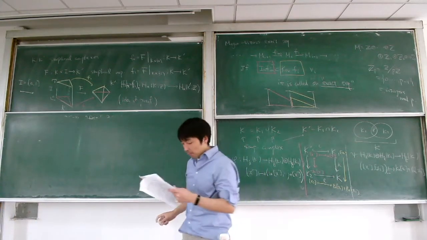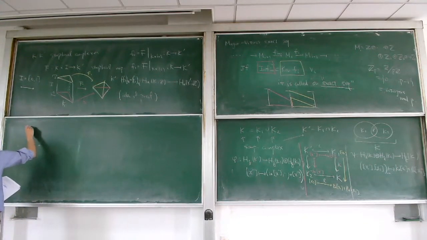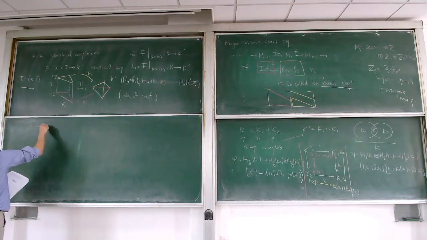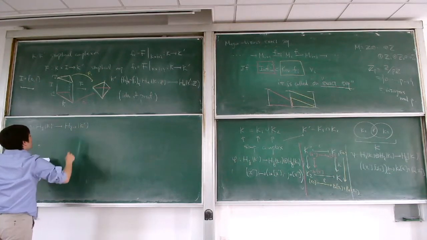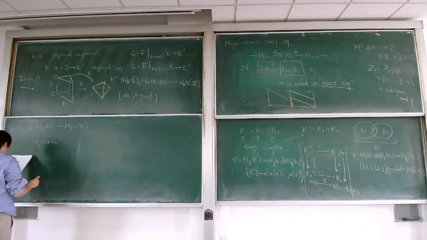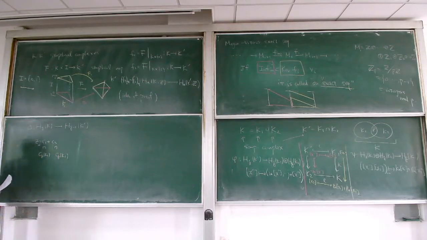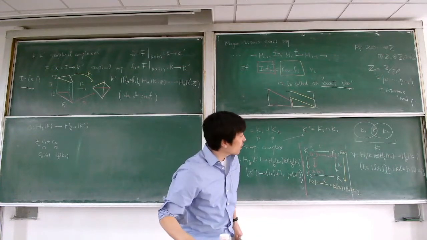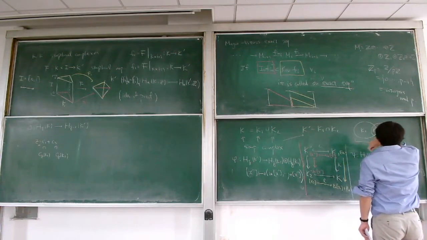So we define some map, I call it delta. We define the map from H_q(K) to H_{q-1}(K prime) in such a way that, given an element Z, we decompose Z as C1 plus C2, where C1 is a chain in K1 and C2 is a chain in K2. Here is a schematic diagram.